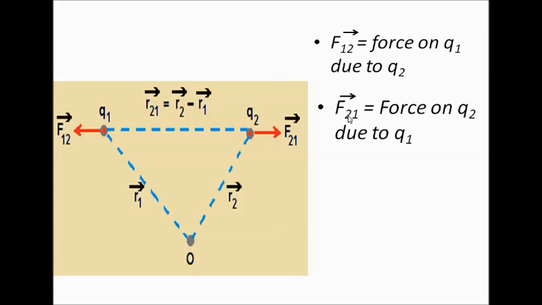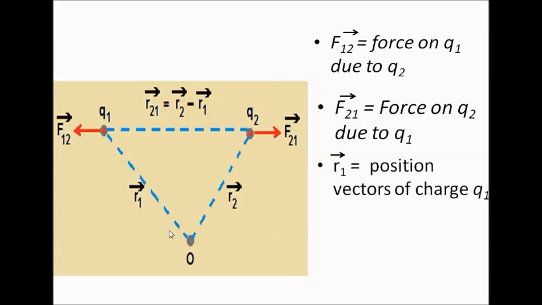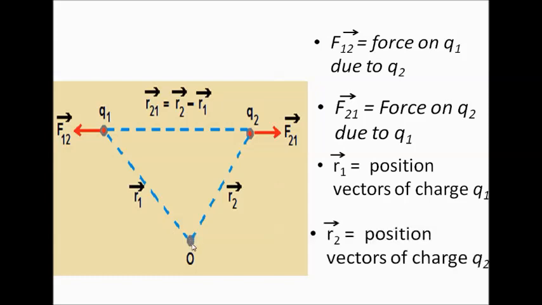F21 is the force on Q2 due to Q1. Now, assume that I am observing these two charges from this point. So, I am taking this as the origin and R1 and R2 are the position vectors of Q1 and Q2 respectively from the origin. R1 is the position vector from the origin to the charge Q1. R2 is the position vector from the origin to the charge Q2.